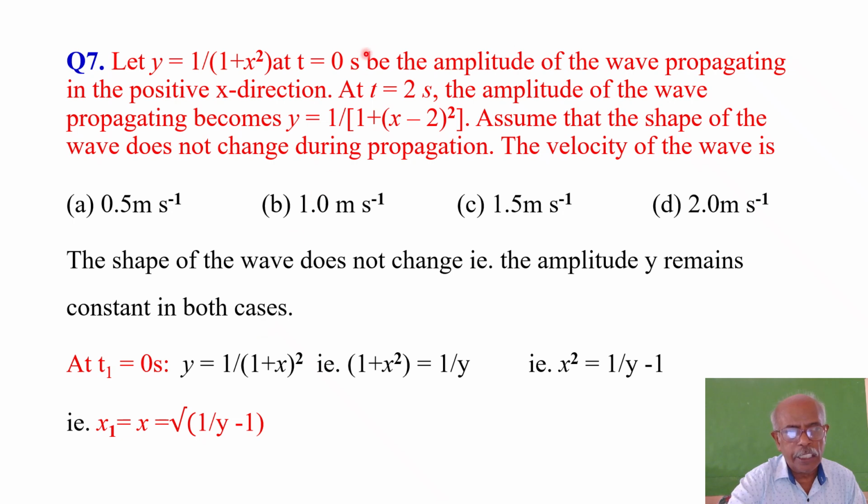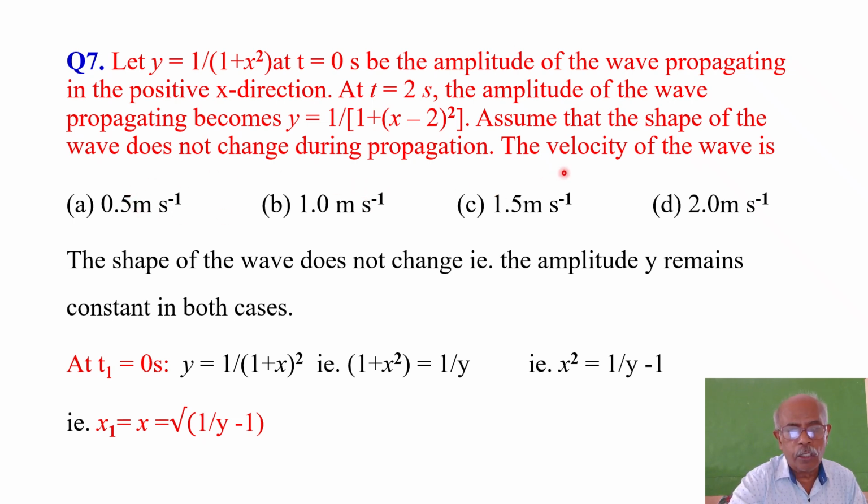When t is equal to 0, this is y. When t is equal to 2 seconds, this is y. But the value of y is the same in both cases. That is what you must understand from this line.